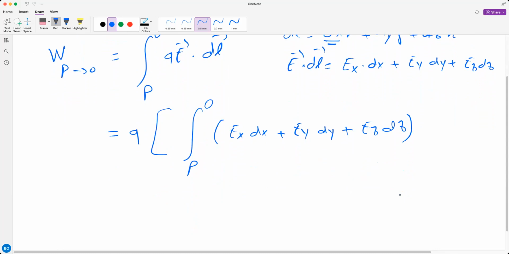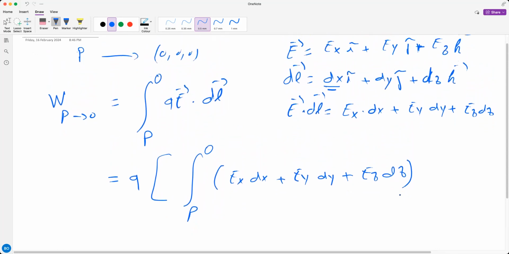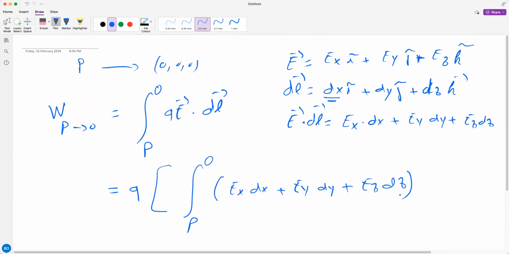Yes, also, Professor, I think you wrote the z coordinate for the point wrong. Isn't it supposed to be 0.25 for the z of the point? Yes, this is 0, 0, 0.25 to 0, 0, 0.